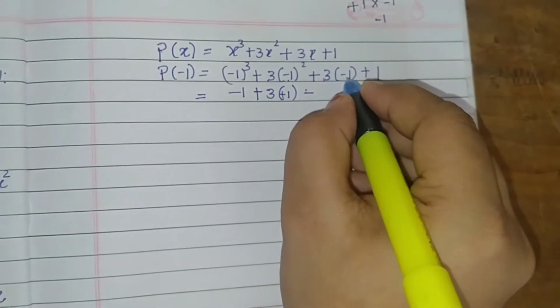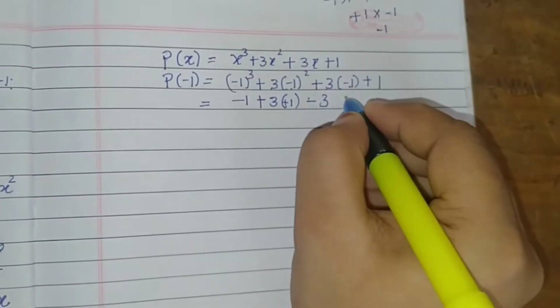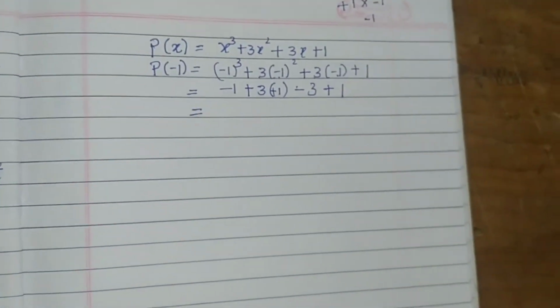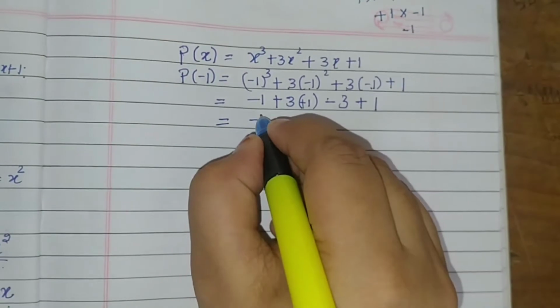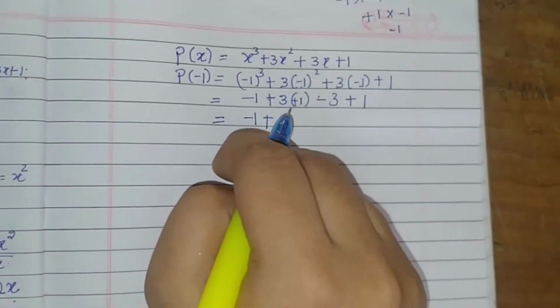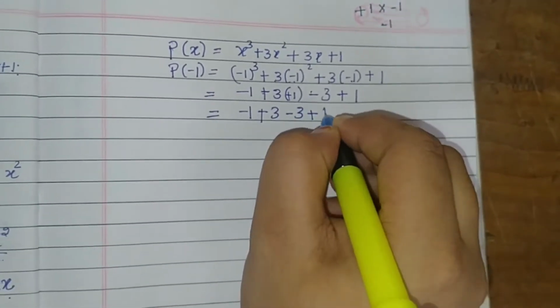So plus 3 into minus 1 is nothing but 3 ones are 3, minus 3 plus 1. So this will be equal to minus 1 plus 3 minus 3 plus 1.